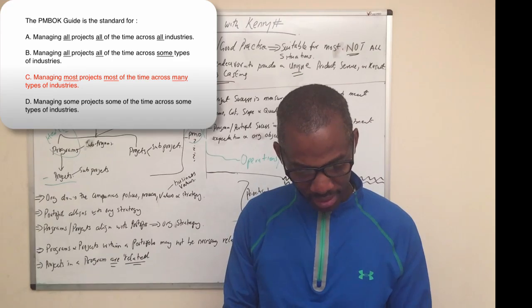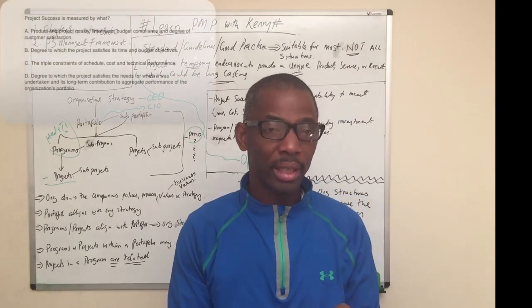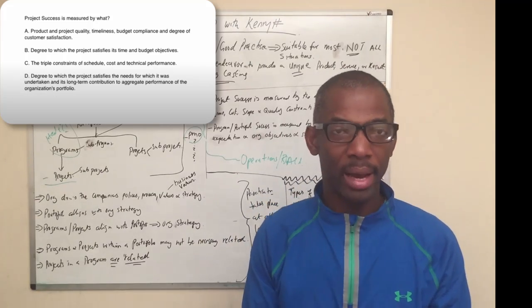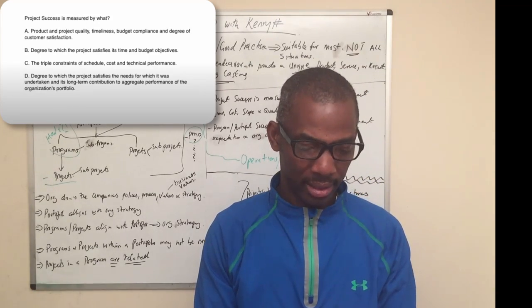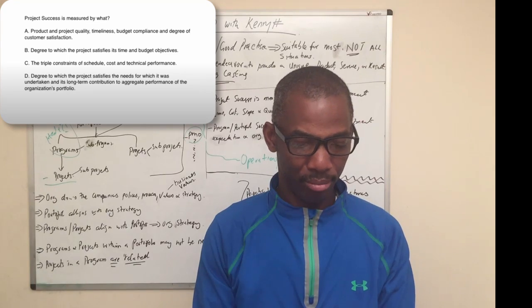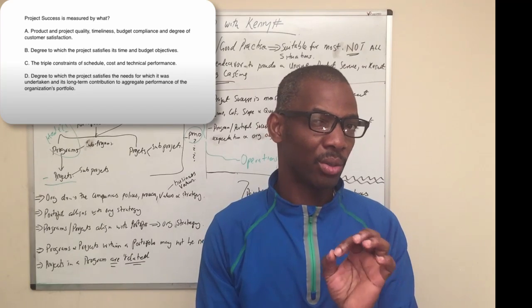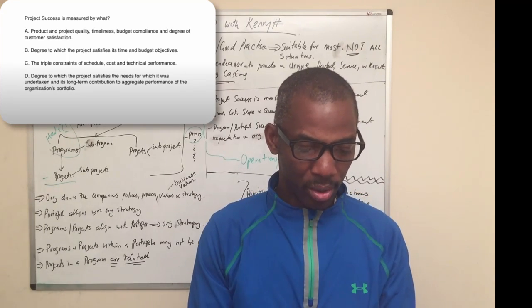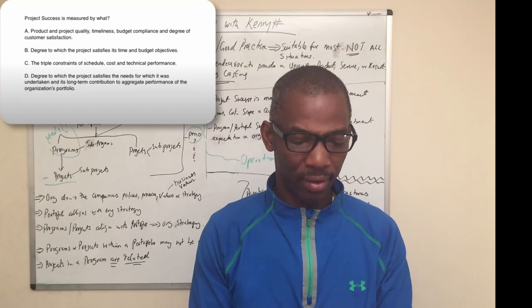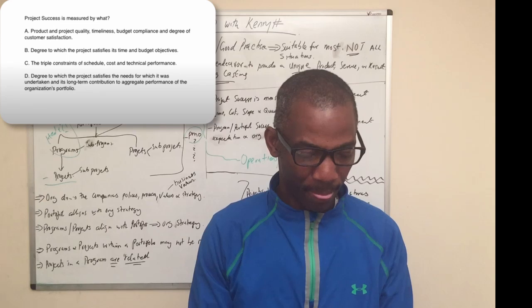Let me see if I can find another one. This is a good one. Project success is measured by what? A, the product, project quality, timeliness, budget, compliance, and degree of customer satisfaction. B, degree to which the project satisfies its time and budget objectives.